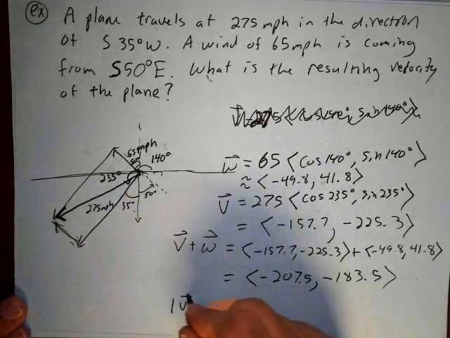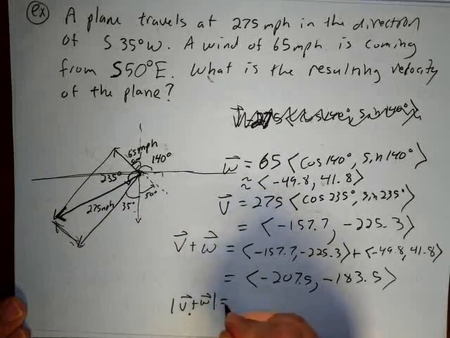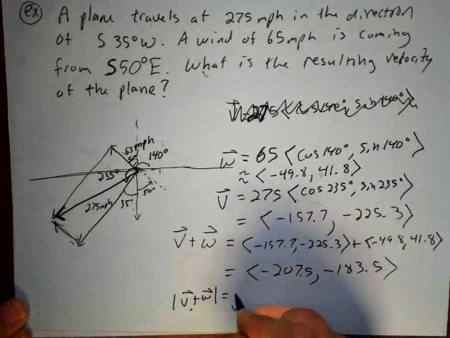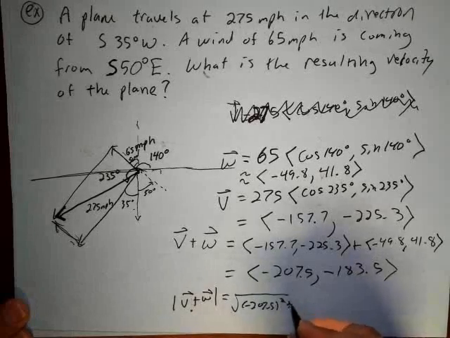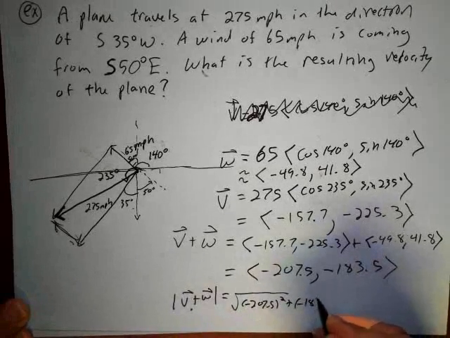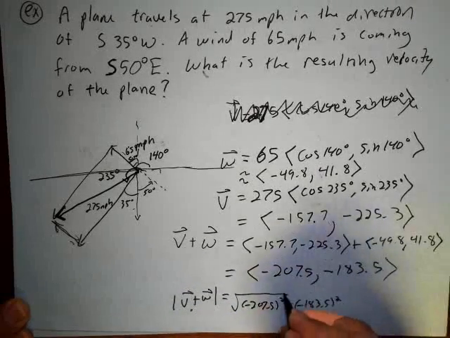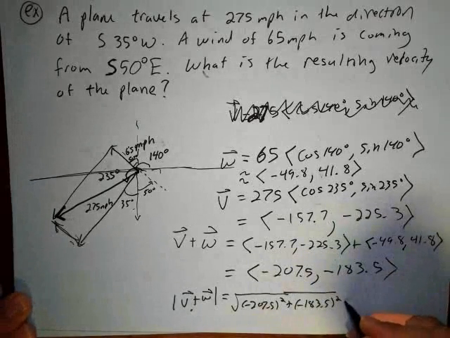So the magnitude is easy. It's just the square root of negative 207.5 squared plus negative 183.5 squared.